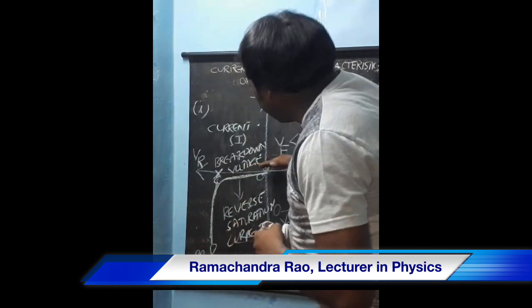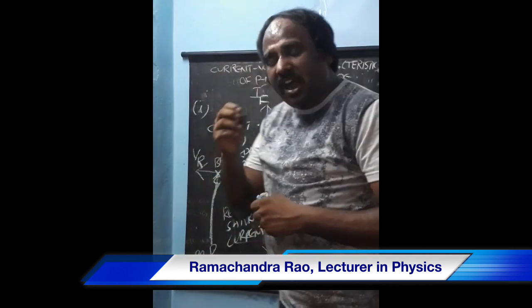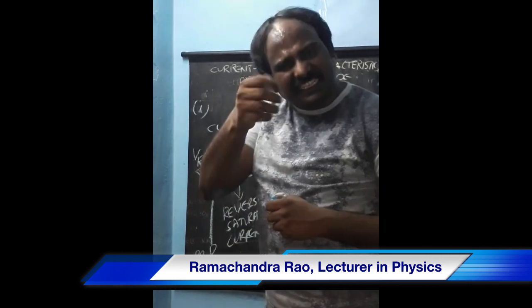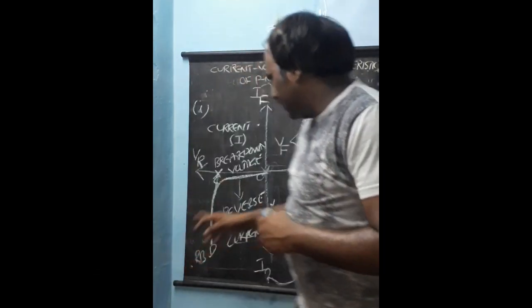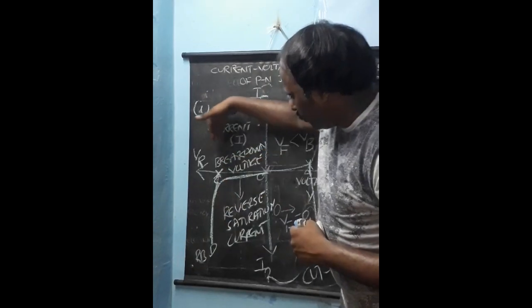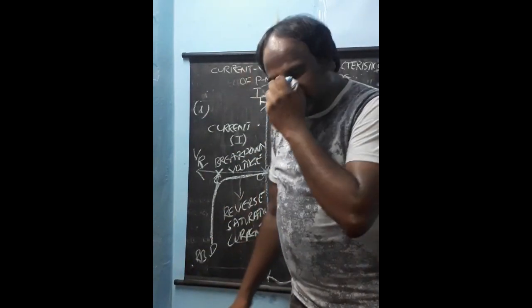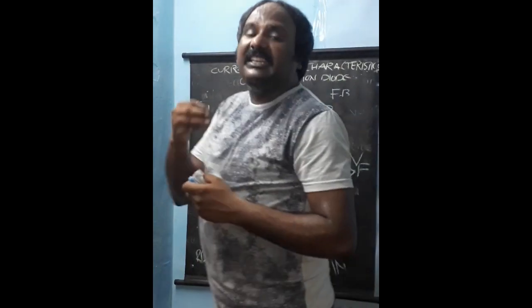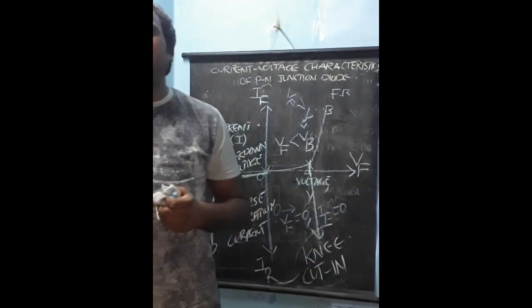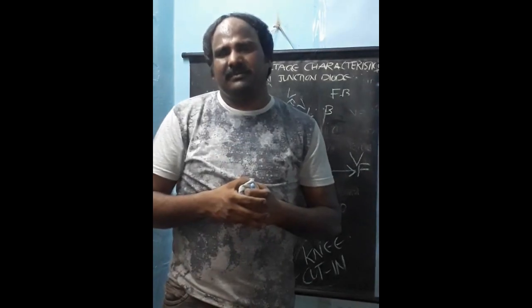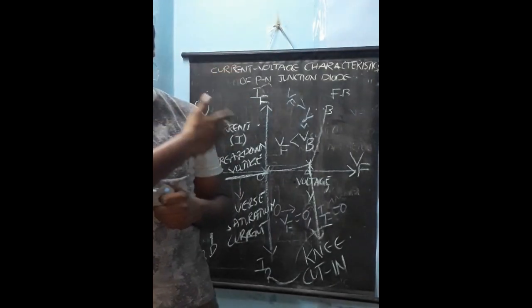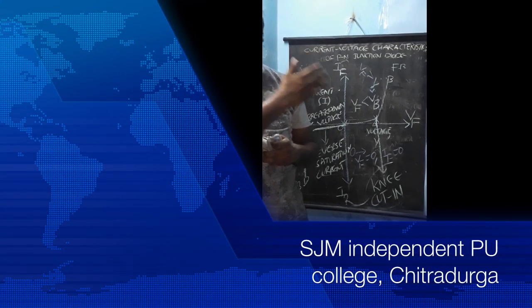This current is due to minority charge carriers. And from C, the reverse current goes on increasing. Such voltage where the current goes on increasing is called breakdown voltage. In such a way, we can discuss the current voltage characteristics in case of PN junction diode.